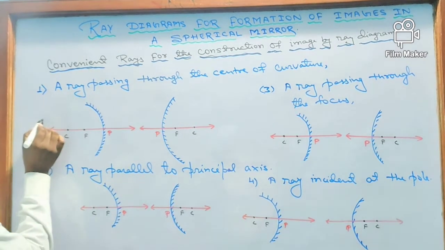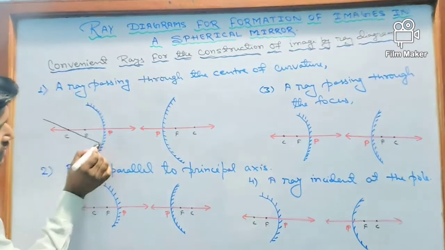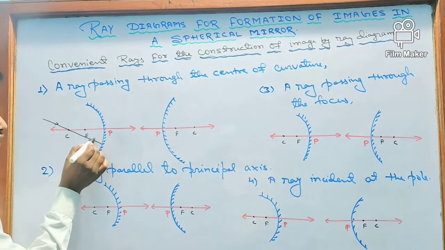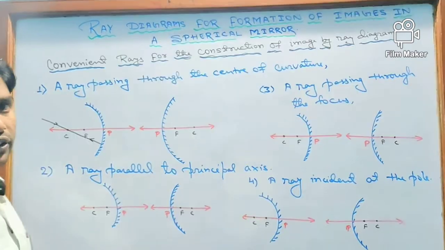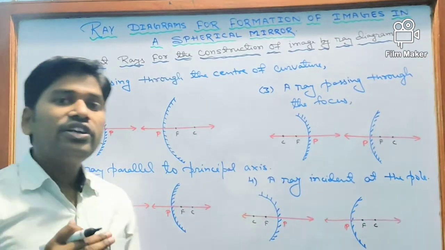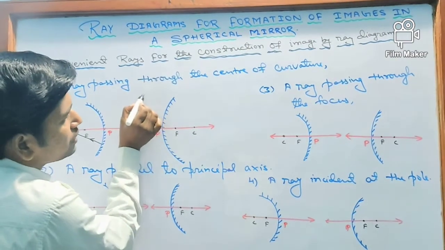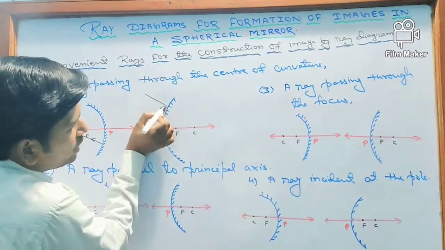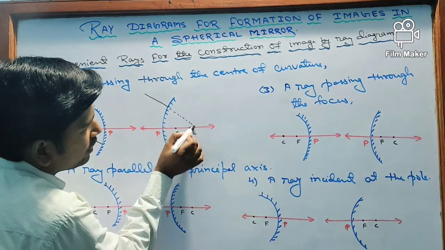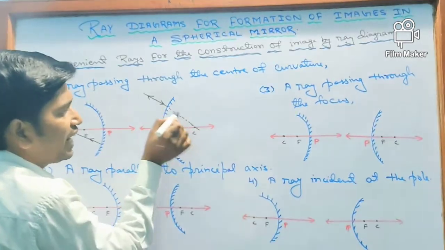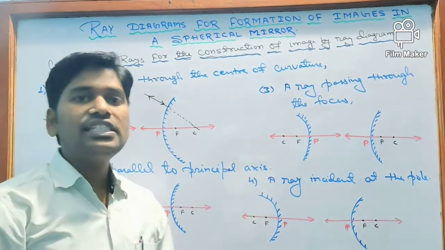When a ray of light is incident through the center of curvature, after reflection it will be reflected back. It will retrace its path. If it seems to come or seems to go through the center of curvature, after reflection it will be reflected back along the same path.